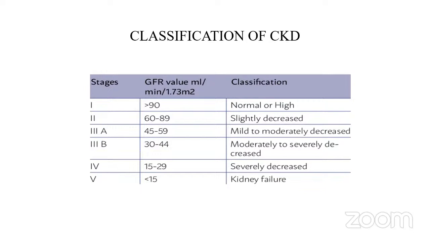If it is 30 to 44, it's classified as 3B or moderately to severely decreased CKD. If it is 15 to 29, it is classified as stage 4 or severely decreased CKD. If it is less than 15, it is classified as stage 5, or end-stage renal disease or kidney failure.